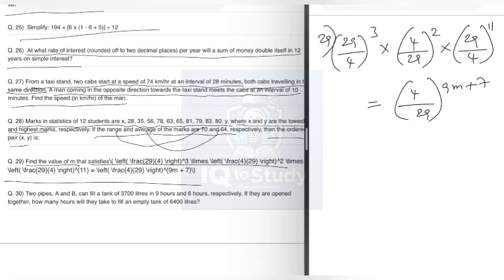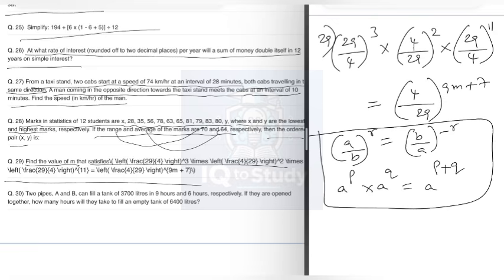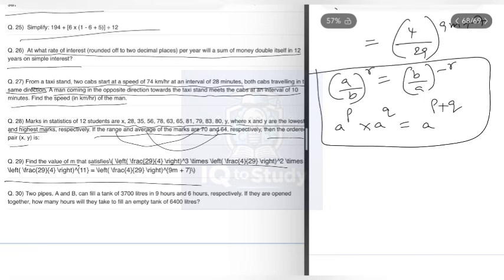Law of exponents: (a by b) whole power r is equal to (b by a) whole power minus r, and a power p into a power q is equal to a power p plus q. Remember these formulas and simplify according to this.